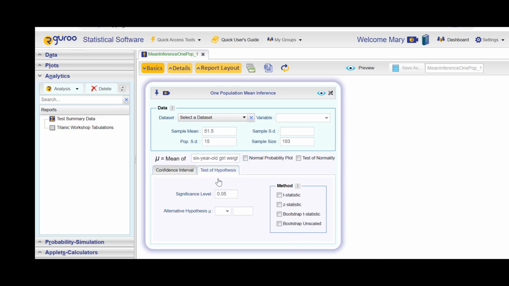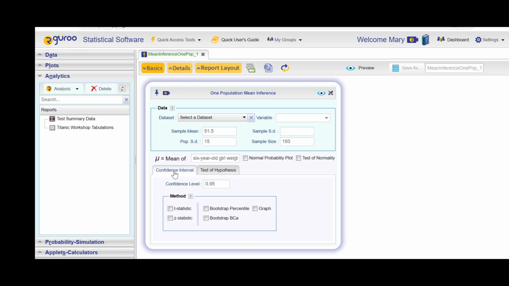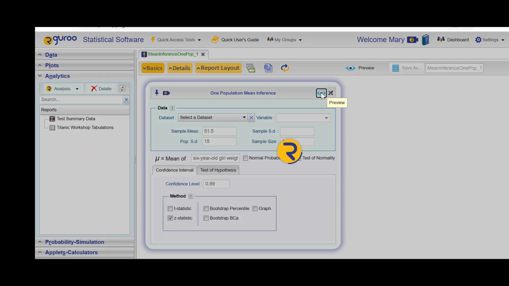And then I'm going to click on the test hypothesis tab. I'm going to change significance level to 0.01, and we're trying to see if it has increased. So if it's greater than the null, which is 49.3, and we're choosing Z statistic. And then I'm just going to go over to confidence interval. And so if I did a 0.01 significance level, I'm going to do a 0.99. So I usually just try to make the significance level and the confidence level add up to be 100. So I'm going to choose Z-stat there as well and preview.